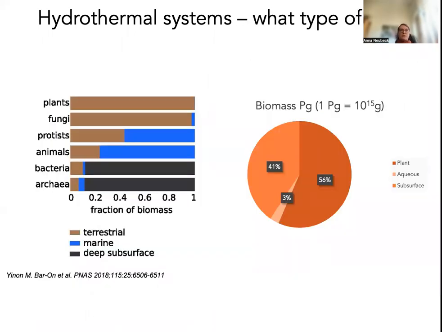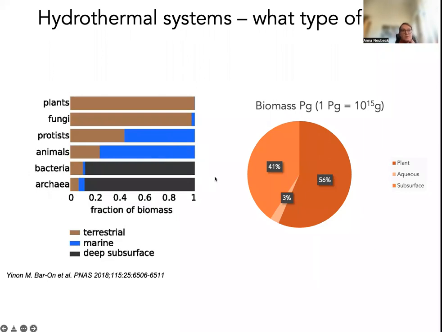So if you look at hydrothermal systems, what type of life do we see here? If we look at the terrestrial biosphere, most of the biomass is from plants and fungi, and in marine environments, most of the biomass consists of protists and animals.